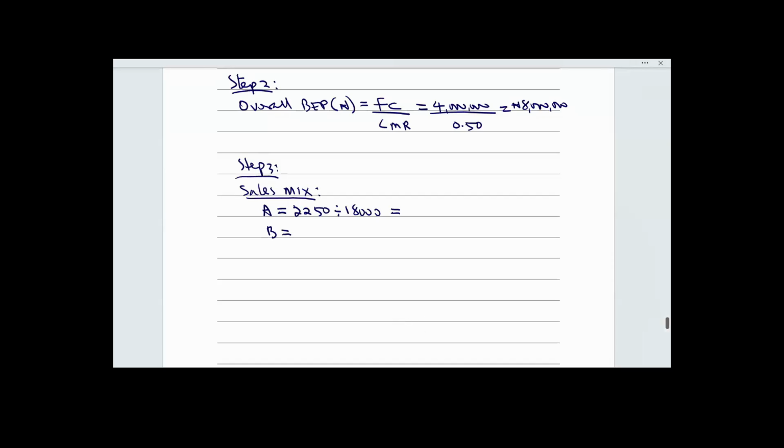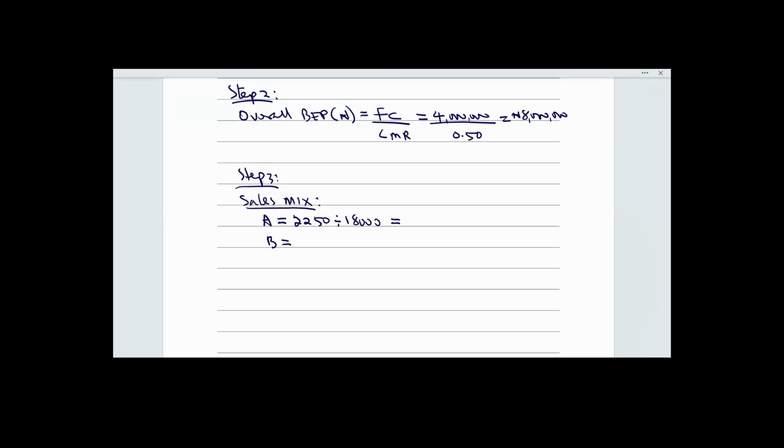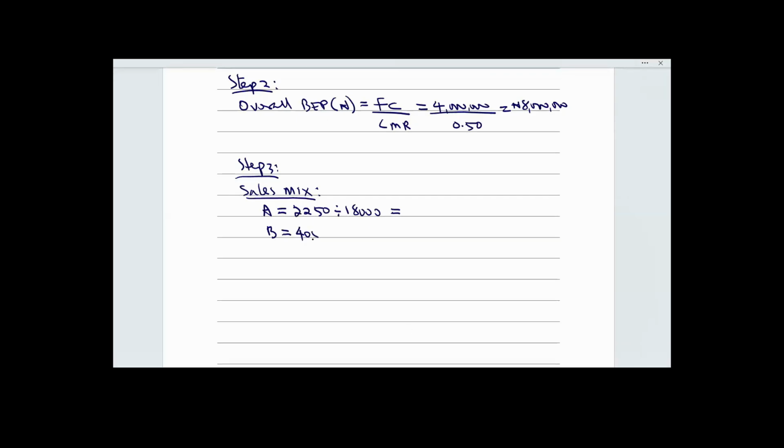For product B, total sales of B is 4,050, divided by the company's total sales, 18,000.